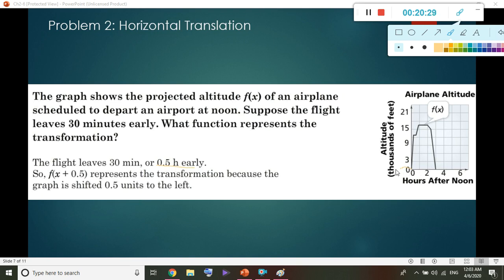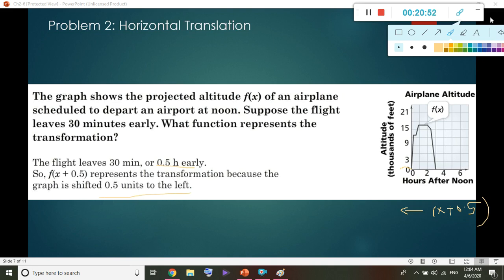So it's going to move to the left. When it moves to the left, it means we're going to add 0.5 hours. So f of x plus 0.5 represents the transformation.